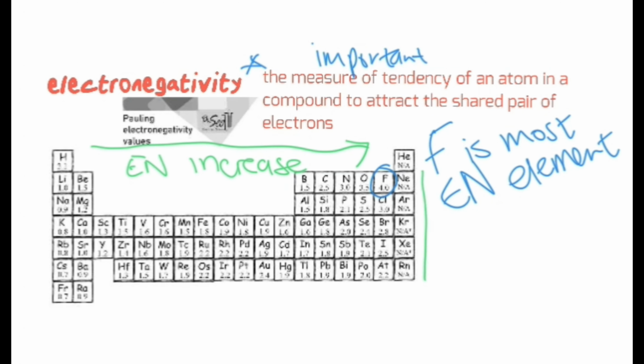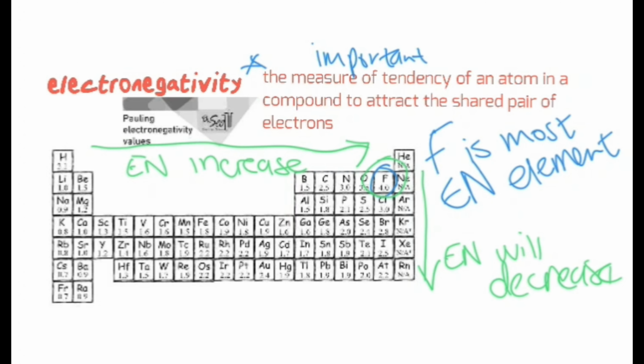And as we go down the group away from fluorine, the electronegativity will decrease. So that is a quick way of remembering the trend.